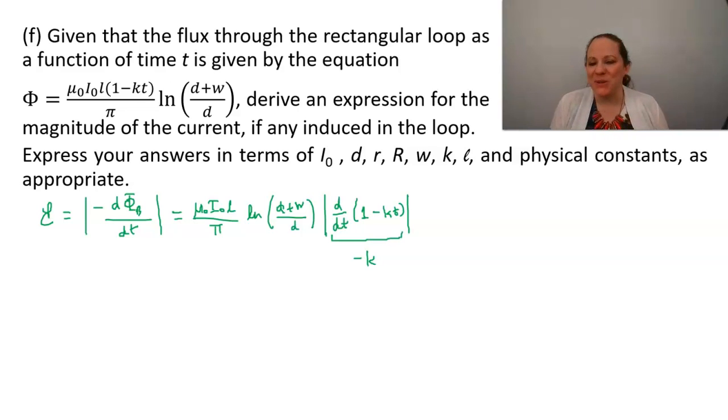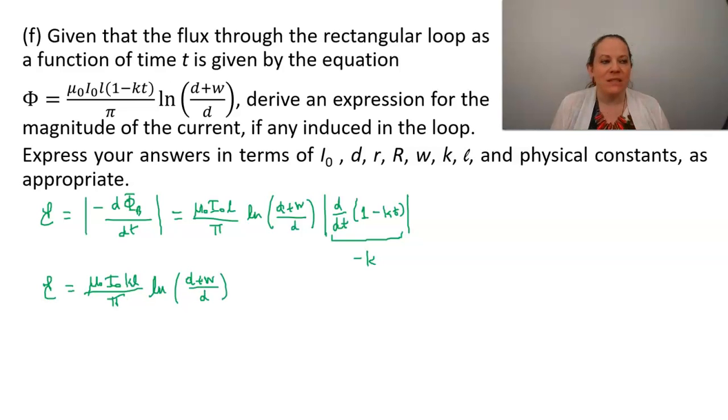So the negative goes away, is kind of the whole great big point of that, and we are left with an expression for the EMF that is mu naught I naught k times L divided by pi times the natural log of d plus w divided by d.